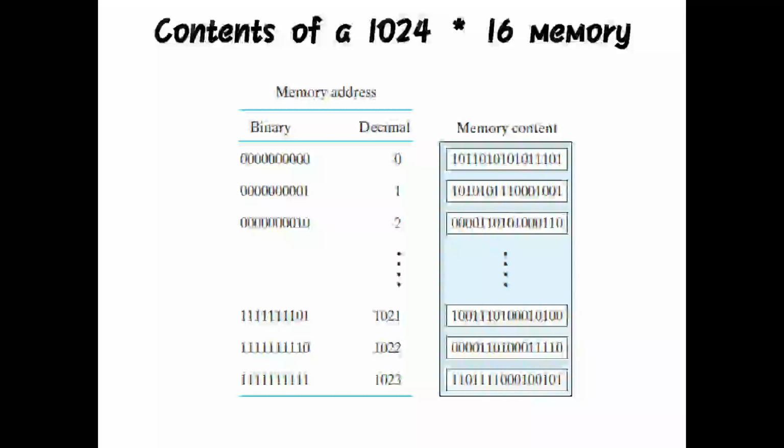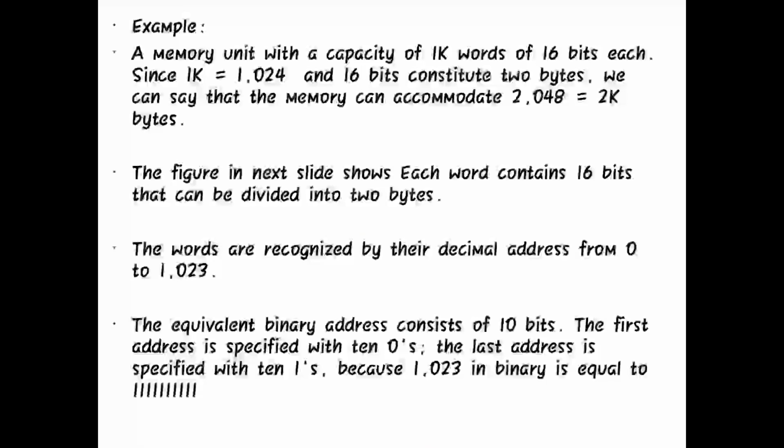Again 1 consists of 16 bits, 2 consists of 16 bits, and so on up to 1023, which consists of 16 bits. Don't worry about how it is arranged. Each memory content may represent some information, any of the alphanumeric characters. So always remember, the memory content can be anything, but in our example we have taken 1k, 0 to 1023.